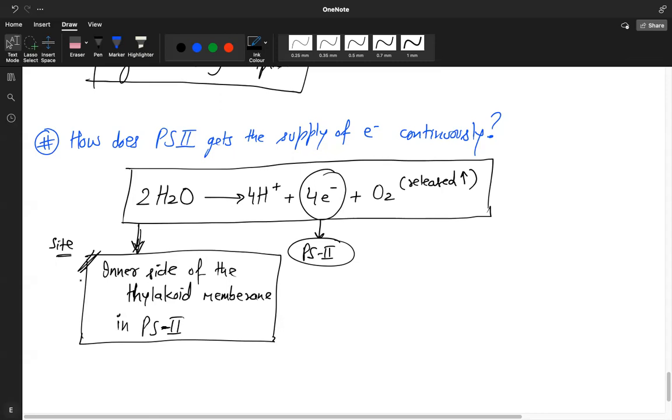And then photosystem 2 has to make sure that it keeps generating the electrons. So that generation happens by the splitting of water reaction, which happens in the inner side of the thylakoid membrane in photosystem 2.